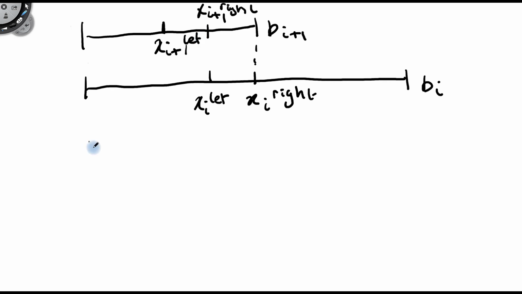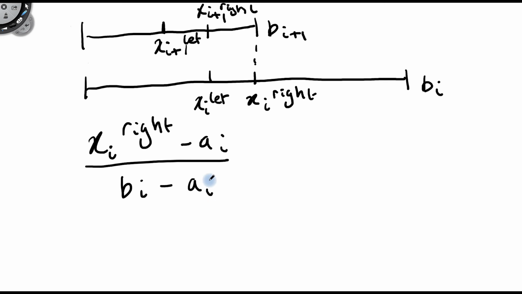So we have that x_i right minus A_i on B_i minus A_i from the previous slide. Sorry, I'm not writing my superscripts properly there. Equals, basically equals, C divided by D. Okay, it's easier if you just draw it on the diagram.